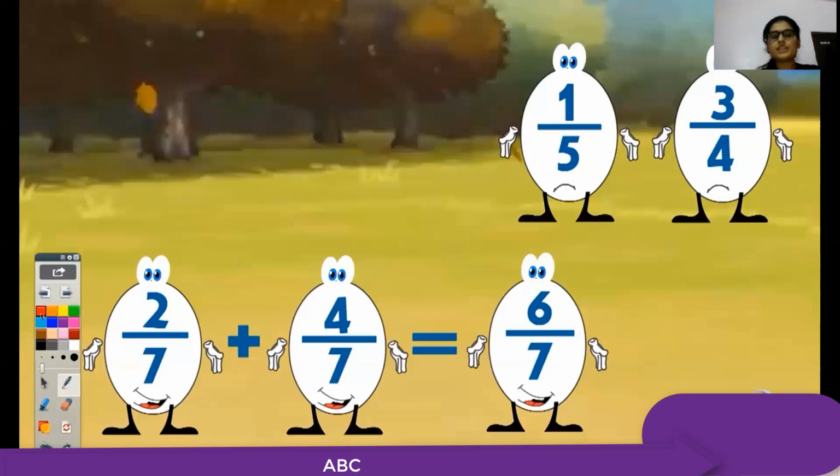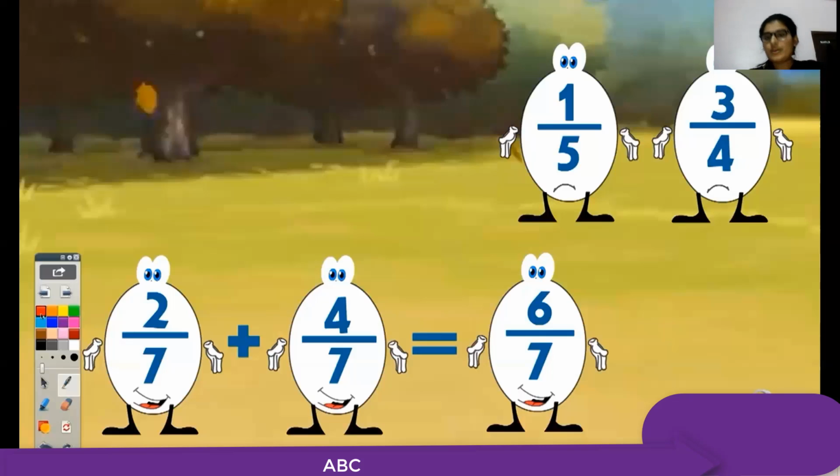Because the denominator is the same: 2 by 7, 4 by 7, 6 by 7 all have denominator 7. So what we have to see is the numerator only. If I am asking for the greatest, you have to see the greatest numerator. The greatest numerator is 6. And if I ask which one is the smallest, it is 2 by 7.